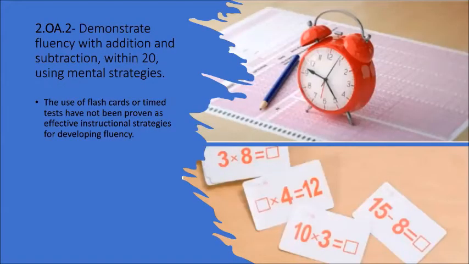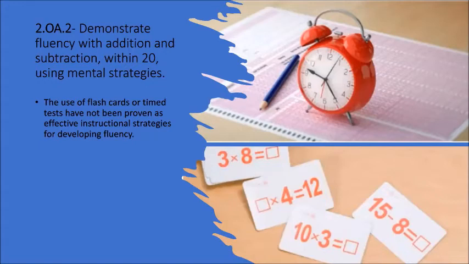So this particular standard is really nice in that it allows us to see the things that are required to be proficient within the standard, but it also tells us some things that should not be used and actually hinder learners from being able to meet the standard proficiently. Within this, the standard specifically mentions not using flashcards.